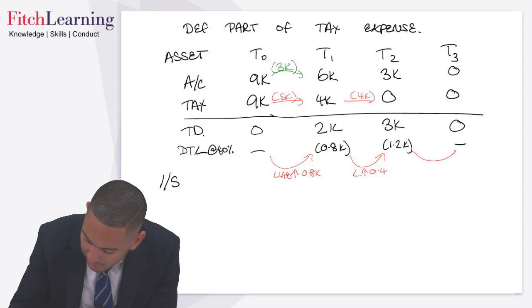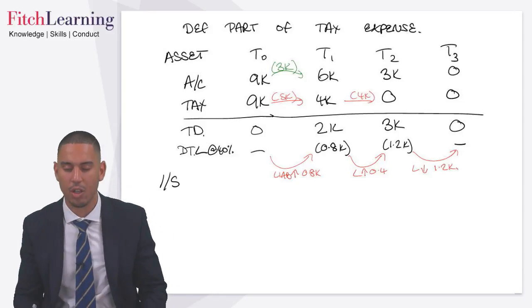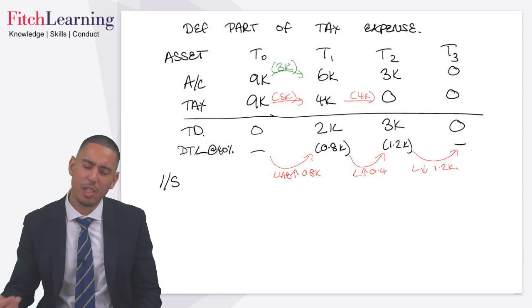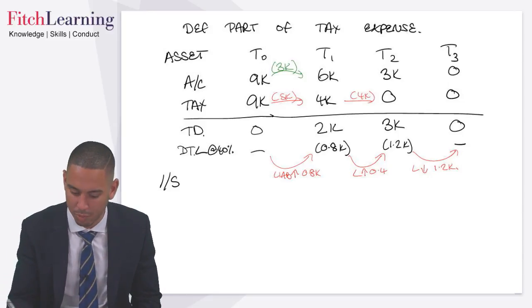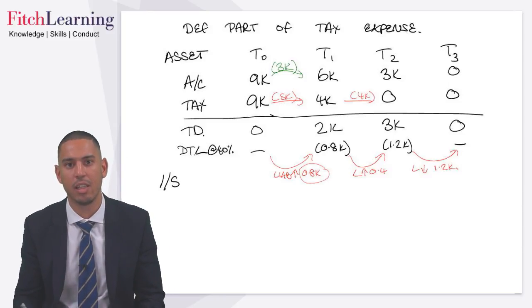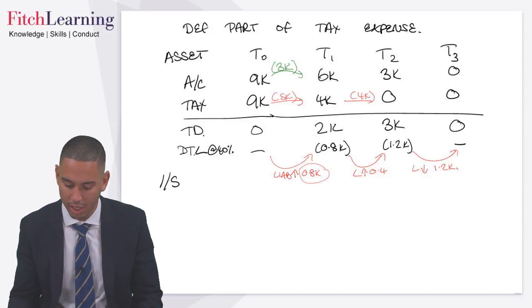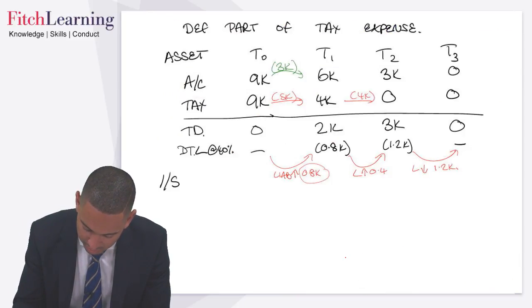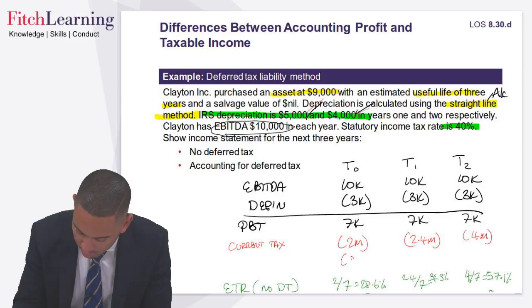And then my liability drops down to 0, so it falls by 1.2K all the way down to 0. And then we go back to our basic accounting principles of going, an increase in liability is going to come through as an expense. So here I've got 0.8K.